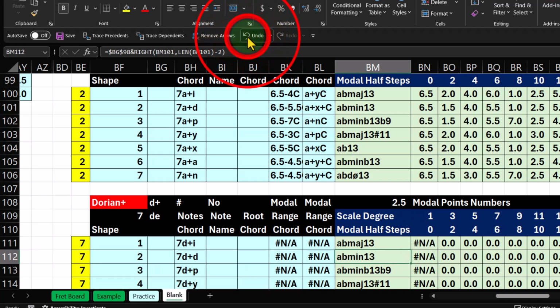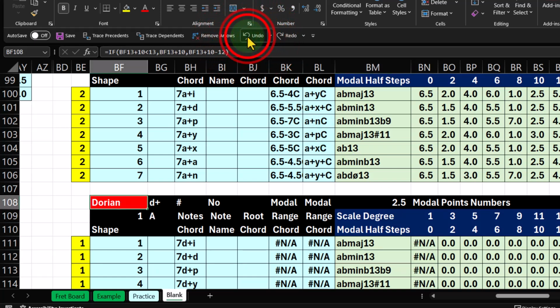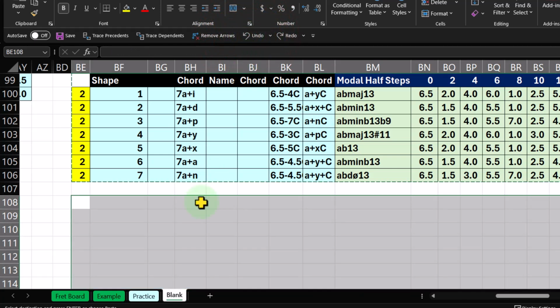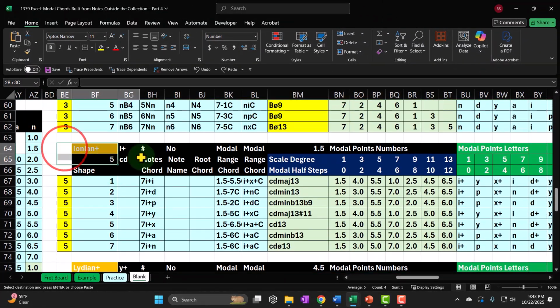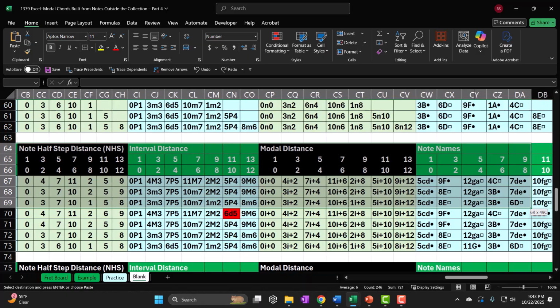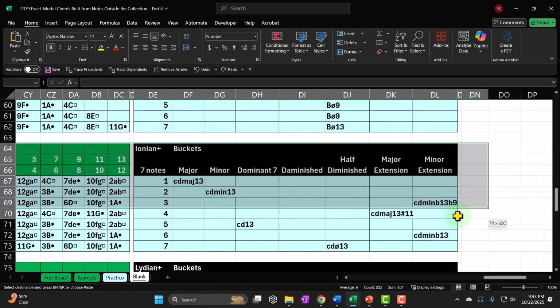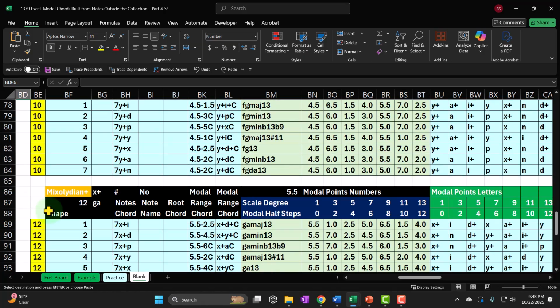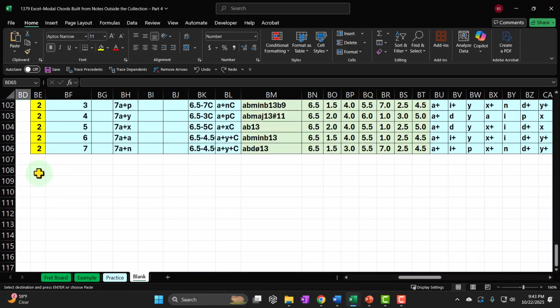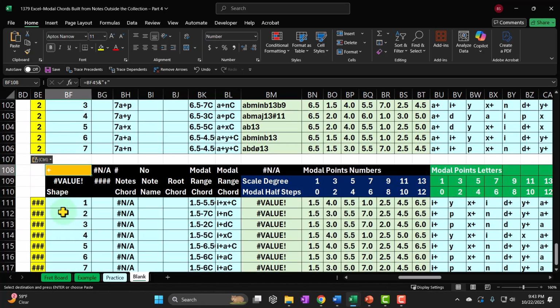Hold on a sec, because I'm going to copy the Ionian over. So I'm going to copy the Ionian, not the last one we did. Copy the Ionian plus, because it has the absolute references. That's what I said I was going to do. And then I'm going to copy this down here. Boom. And then make this Dorian.